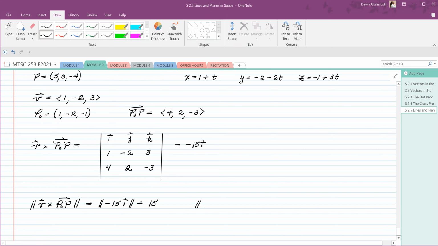And the length of V is the square root of 1 plus 4 plus 9. So that's the square root of 14. Oh, I'm sorry, this is wrong. There's another part to this. I just couldn't see it.